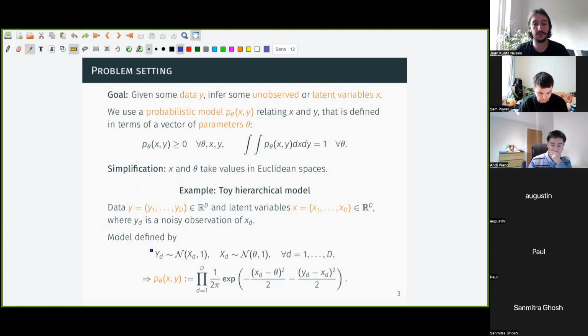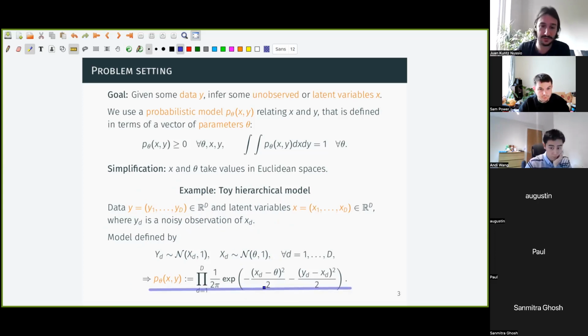The model says, well, each observation is the corresponding latent variable plus some IID 0,1 Gaussian noise. And all the latent variables are drawn from the same distribution independently of each other, and the distribution is a scalar Gaussian with mean theta and unit variance. So the model altogether looks like this, or its density.